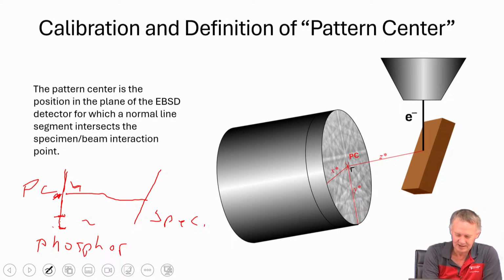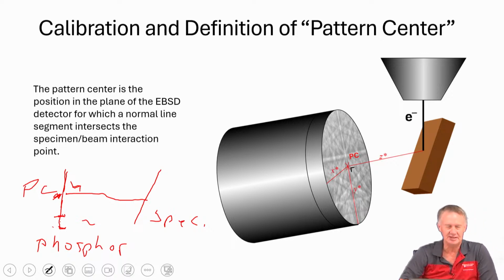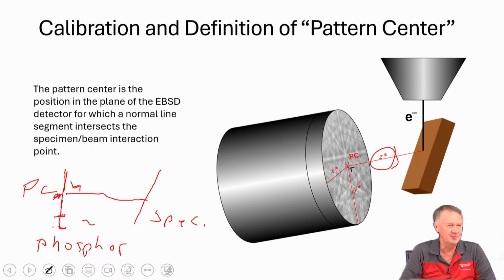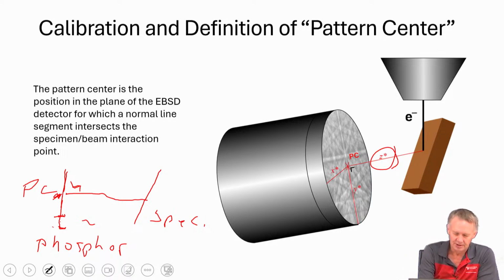Now, if I take a segment, so Z star is known, right? This is the specimen to screen distance. That's something that we've known, we've calibrated that in, or we can actually go in and determine it from the pattern, what that specimen to screen distance is. So this angle then, down to there, and down to there.